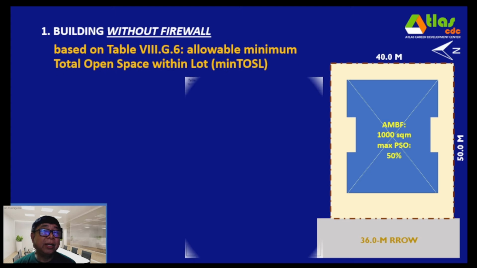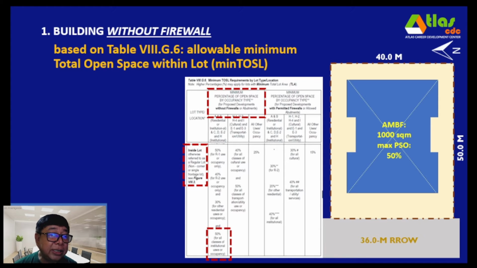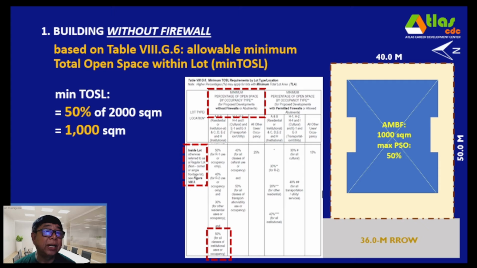On the other hand, if we are going to check Table 8.G.6, this is the minimum TOSL reference table. You will see here that for inside lot, and that is for without firewall, for all classes of institutional, that will be 50% minimum TOSL or 1,000 square meters. So basically the same as what we got earlier in our first reference, no? The resultant minimum TOSL.